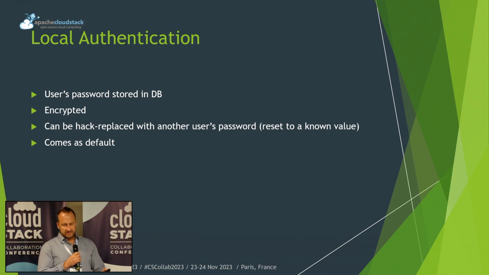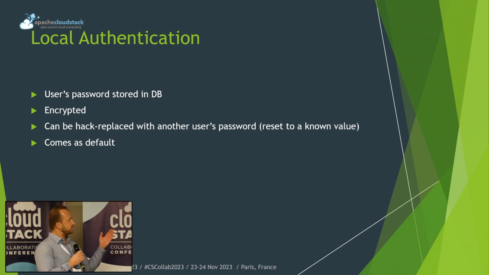Right. So first, I guess, the thing that came with CloudStack was local authentication. Passwords are stored encrypted in the database. If you need, for whatever reason, in very specific cases, like upgrades or moving from a different version of CloudStack, specifically from Cloud Platform to CloudStack, because of various different encryption mechanisms, you might want to replace passwords of certain users because they won't be able to log in with their own password.